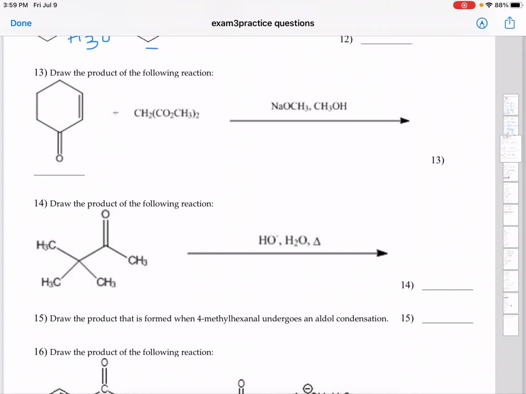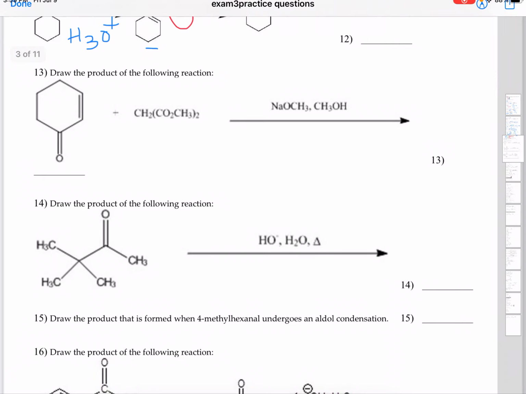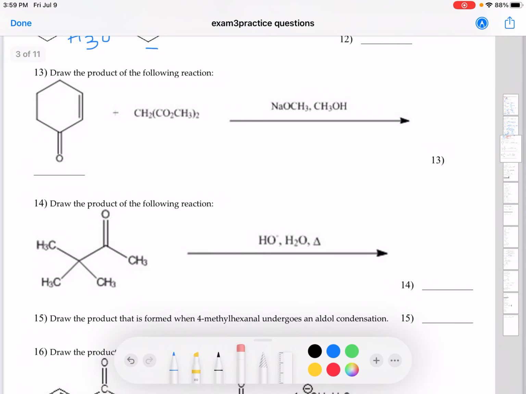Again, so you have this anhydride right there. Okay, so if you expand this, this would look like this. So you have a CH2 group, and then you have COO CH3, O CH3.